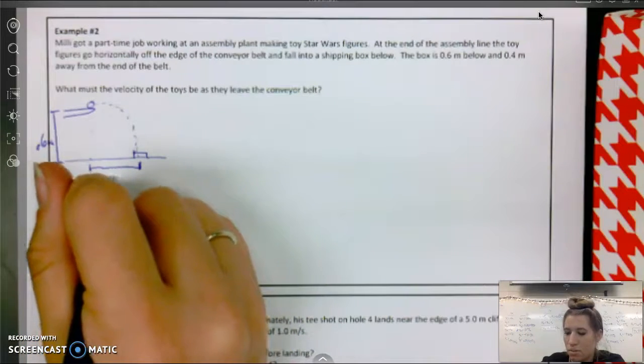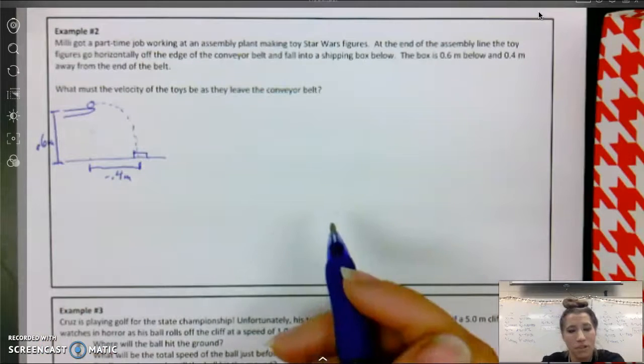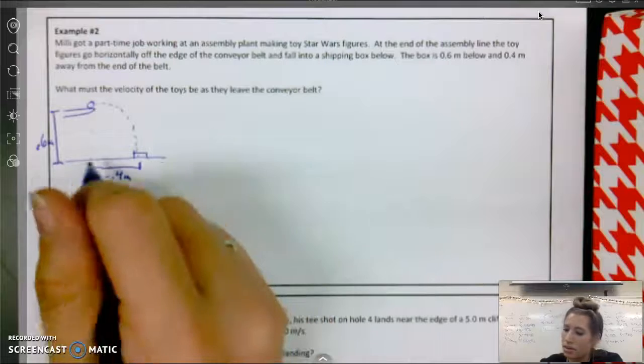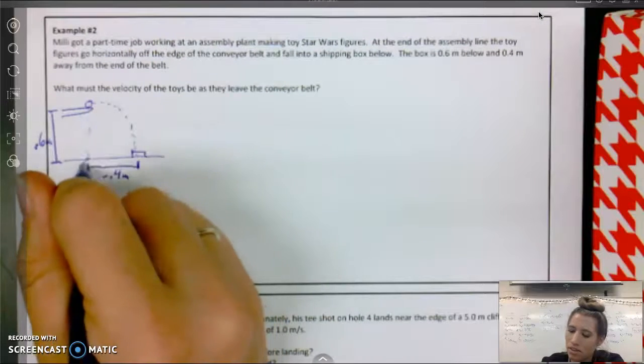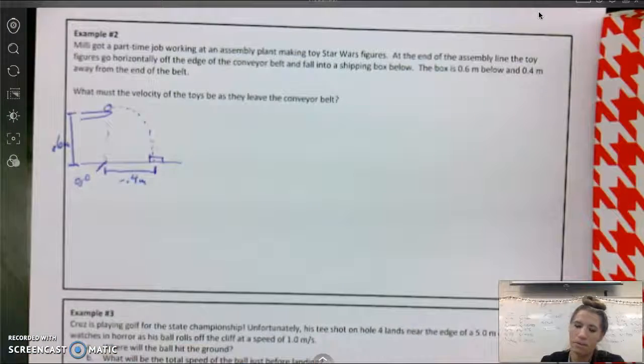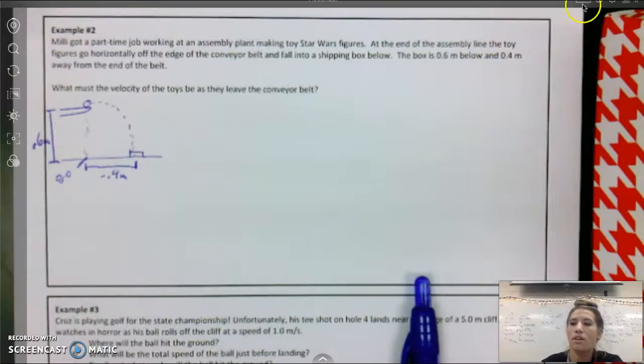Okay, so there's my image, and I'm going to choose the base of where it's coming off right there. That's going to be my origin. That's going to be my 0, 0 point. Okay, guys, go ahead, list what you know and what you don't know, and then use your equations, see how far you can get on that.